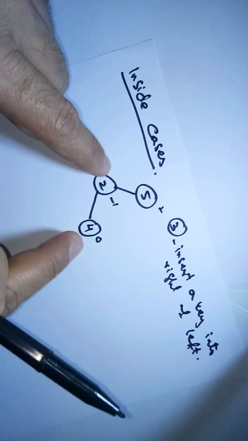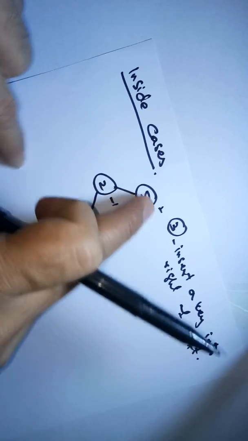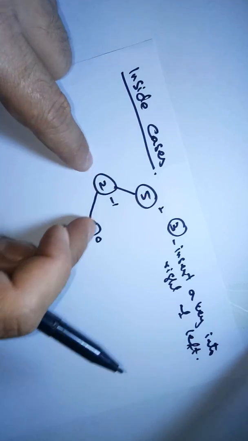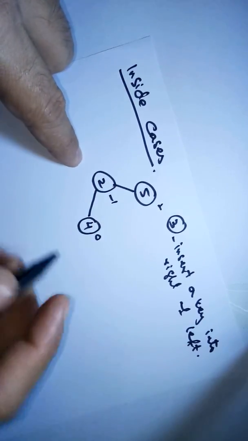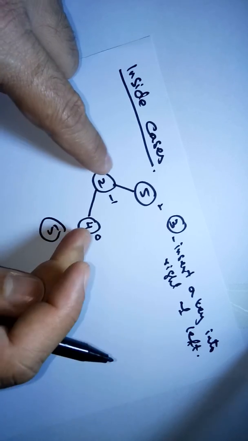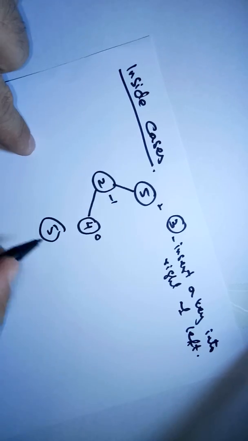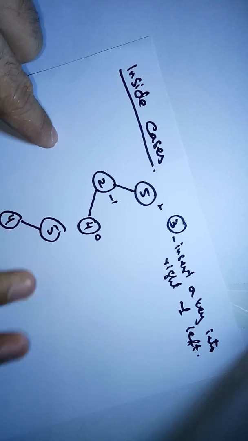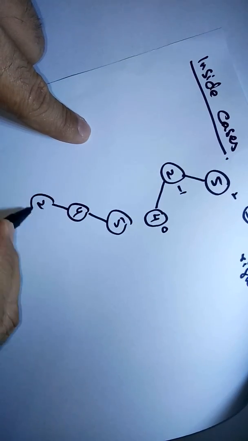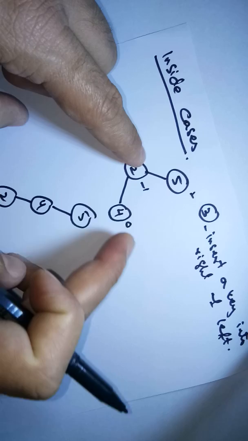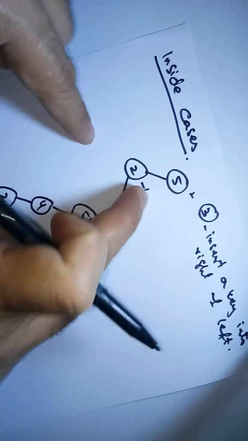We will rotate it like this, then we will rotate it like this. If I rotate this node, this will become 5. If I rotate this, 4 will go up and 2 will become this, like this. So what I did, I just rotated like this.